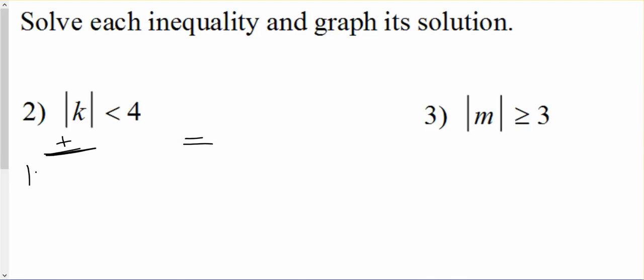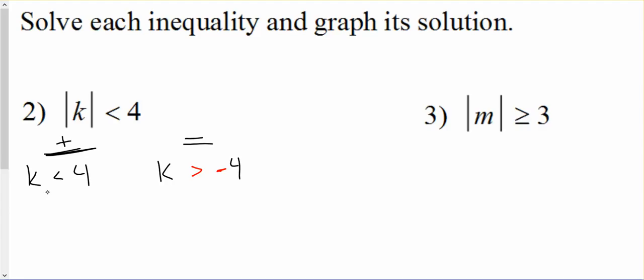For our positive side, we just remove the absolute value and we don't do anything to the inequality. So this is all real numbers less than 4. For our other side, we're going to remove the absolute value. We reverse our inequality symbol, and we make this negative, so that positive 4 becomes a negative 4.